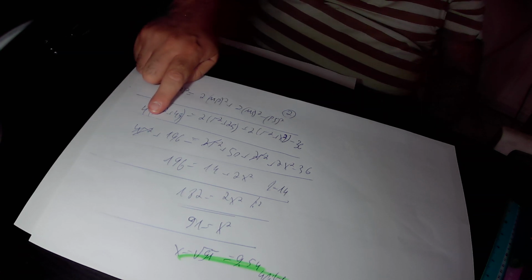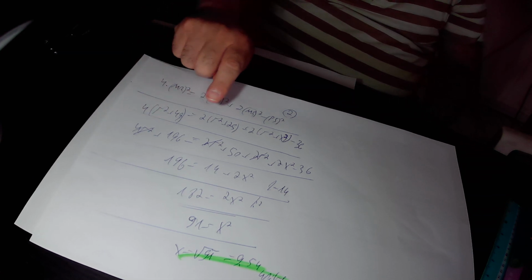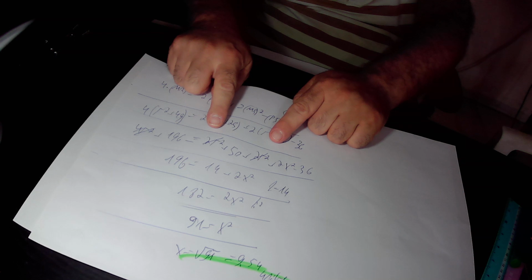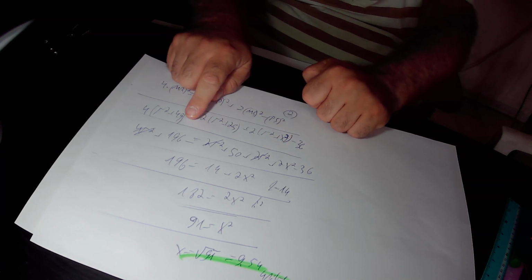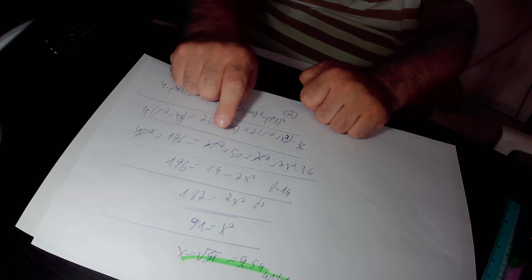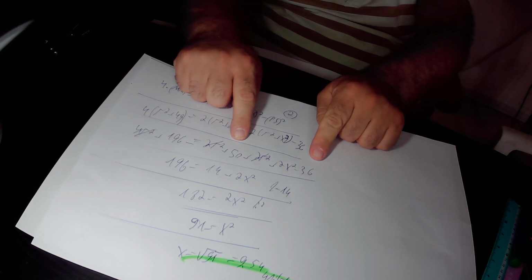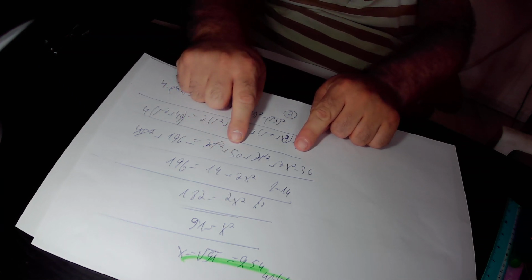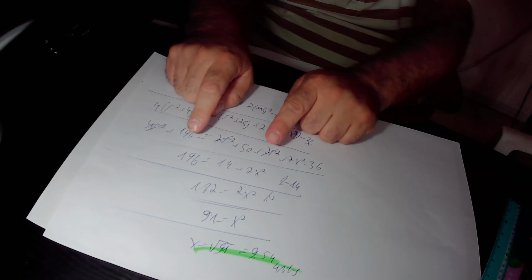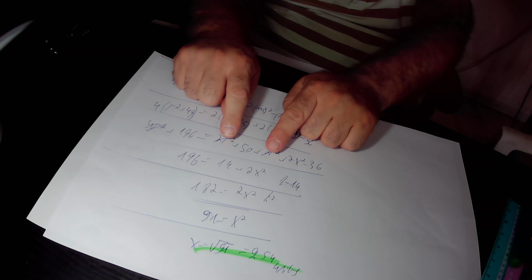On this side of the equation we have 4R squared, and on the other side we have 2R squared plus 2R squared, that is 4R squared. So 4R squared will get cancelled. On this side we are left only with 196. On the other side we have 50 minus 36 is 14. So in total we found that 196 equals 14 plus 2x squared.